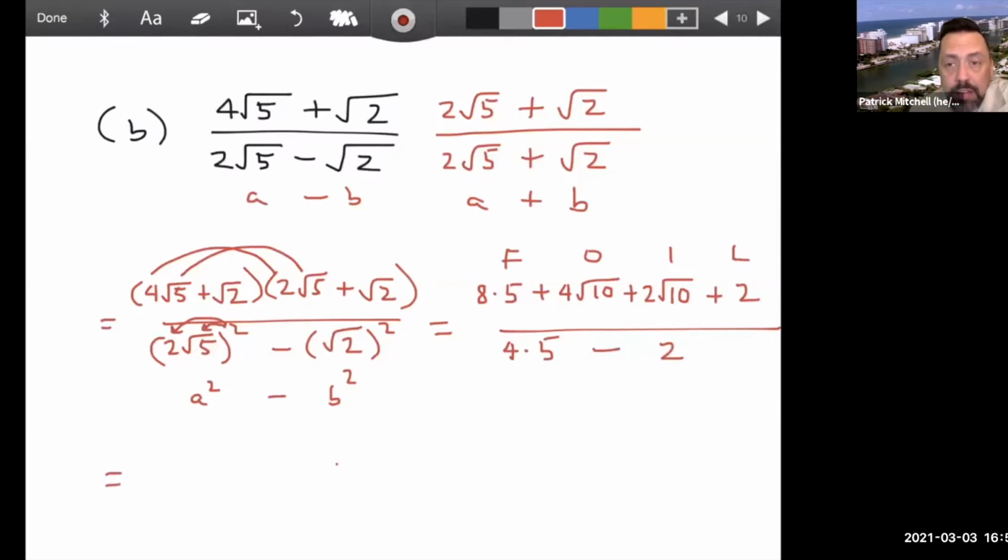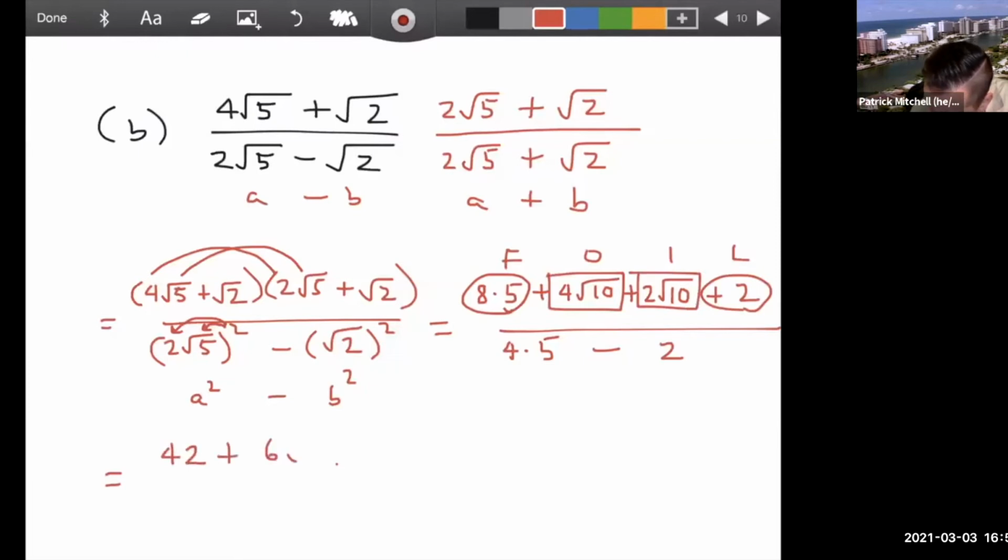So now we have some like terms to combine. I see this 8 times 5, which is 40, add 2 will give me 42. And then 4 root 10 plus 2 root 10 would be 6 root 10. And then downstairs we have 4 times 5, which is 20. 20 minus 2 is 18.